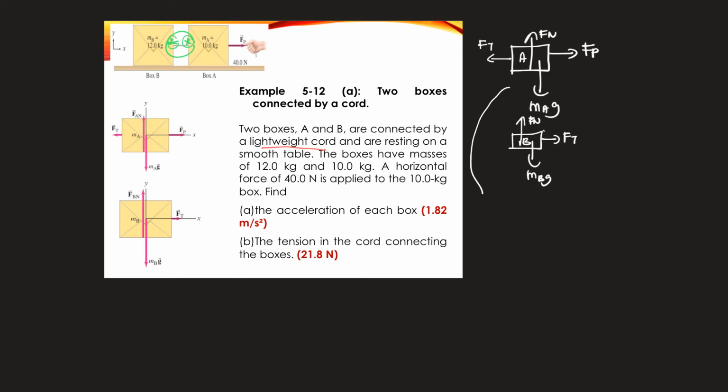I'm going to come up with the first one from object A. Like I mentioned before, anything that follows the direction of the movement, put it as positive to be safe. The one that follows the movement is FP. So your equation is FP minus FT equals MAa.